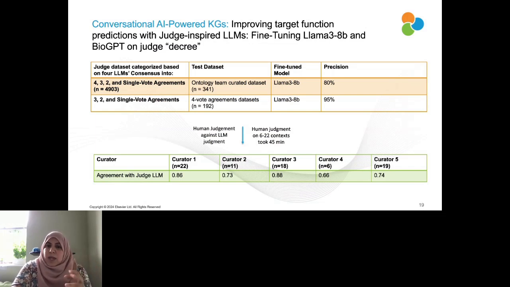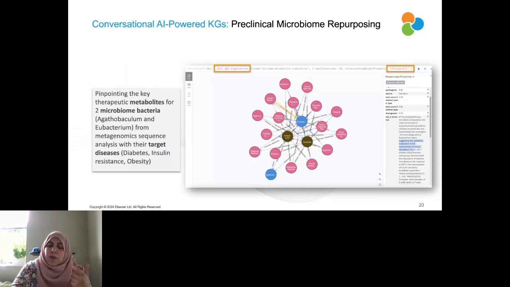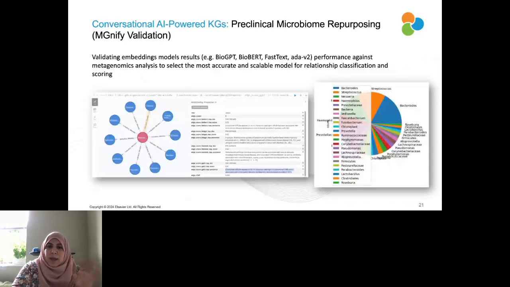This is another use case for microbiome repurposing, where we have used the graph analysis with the therapeutic score to pinpoint the therapeutic metabolites and microbiome bacteria for specific diseases. The validation of this, I usually do with genomic sequence analysis.